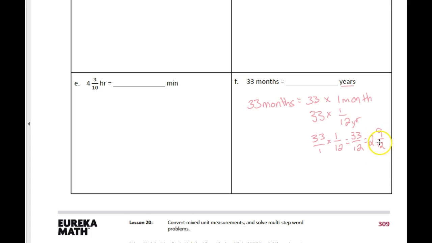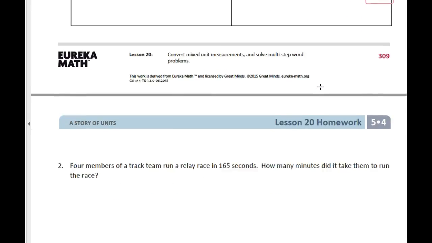But we can divide both of those by 3, can't we? So we can simplify this: 3 goes into 9 3 times, 3 goes into 12 4 times. So we've changed 33 months, and we got 2 3/4 of a year as a result.